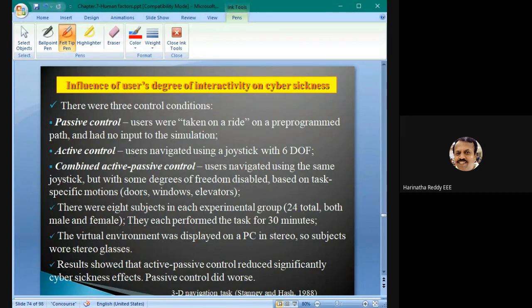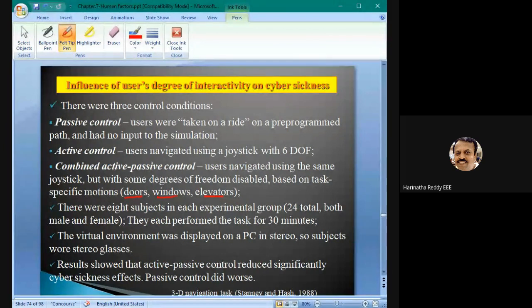So in each experimental group, 8 subjects were considered and the task was performed for 30 minutes. Is it clear? Task specific motions are nothing but what? Through doors, windows and elevators. Clear? So the users navigated through what?